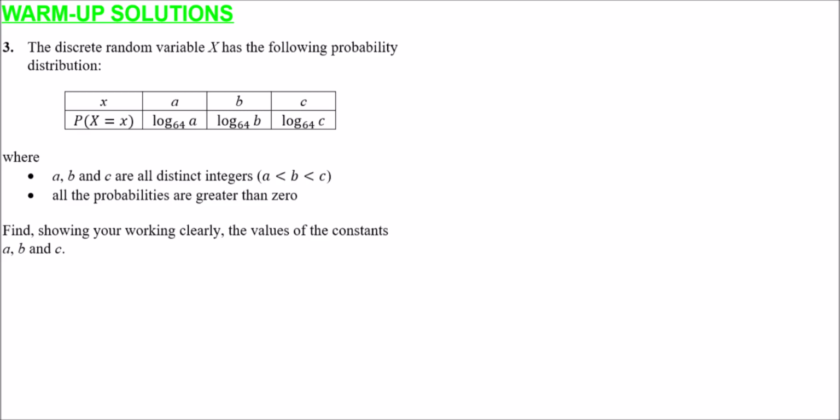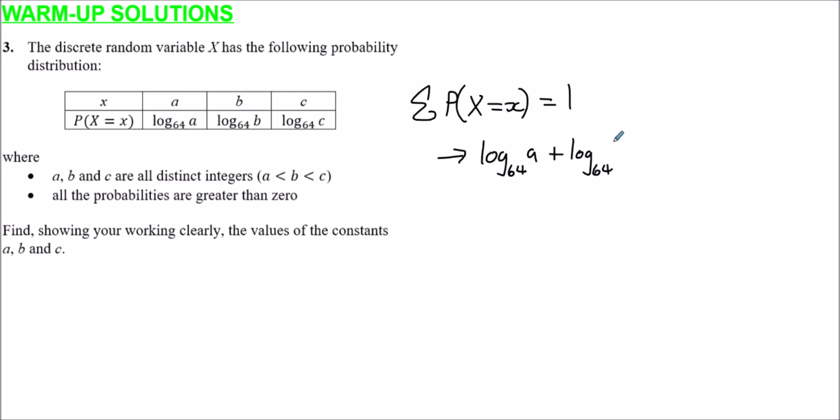Well, going back to GCSE even, we should know that the sum of all the probabilities of any one event will total up to exactly 1. So if we sum up all these probabilities of X equaling x, we'll get 1. So in other words, log base 64 of A plus log base 64 of B plus log base 64 of C will equal 1.